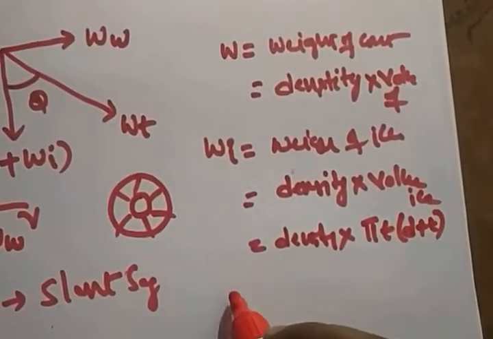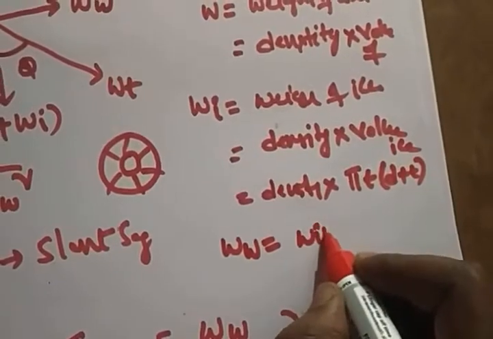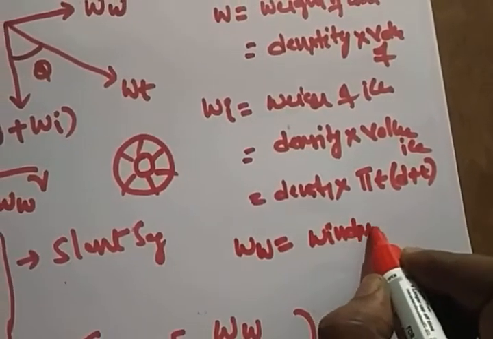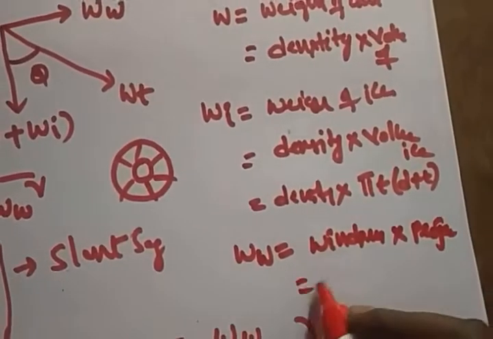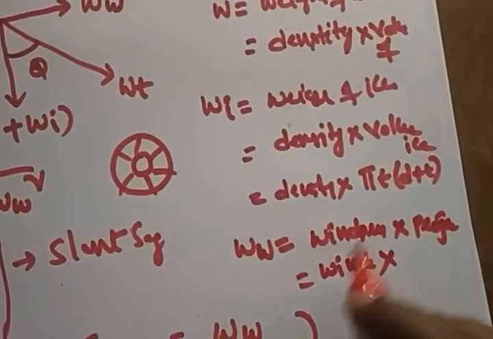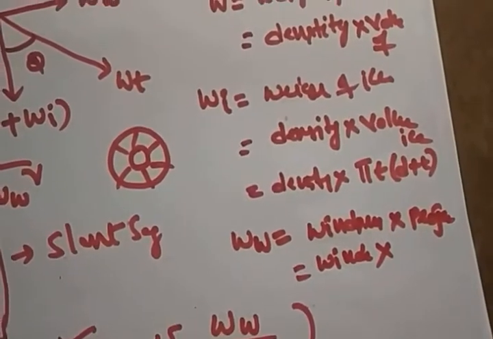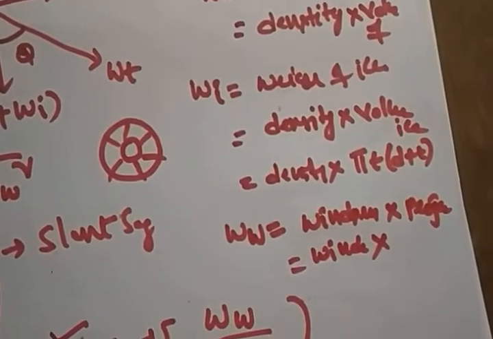And one more formula: what is the wind force? Wind pressure into projected area. You know the wind force, they will give the wind force. So what is the projected area? The projected area is nothing but a rectangular shape. Suppose this is a conductor, and when wind is acting on the system, there will be a motion.